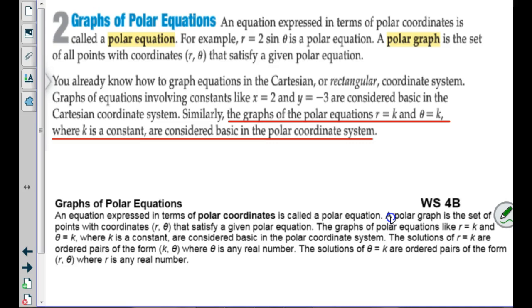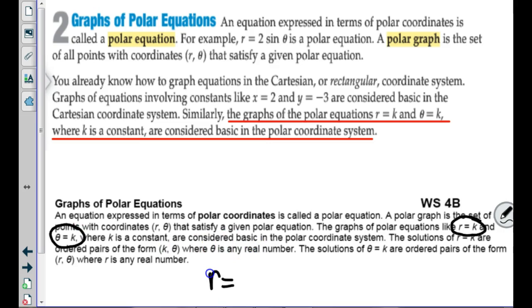But what we need to start with is 2 basic ideas. The graphs of polar equations like r equals k and theta equals k, where k is a constant, are the basics.